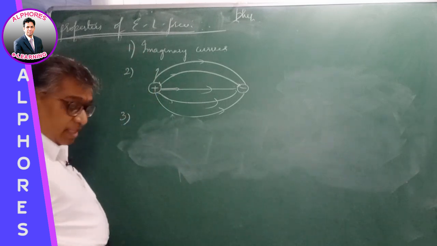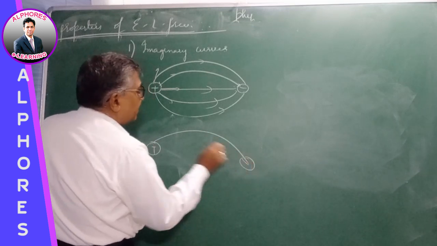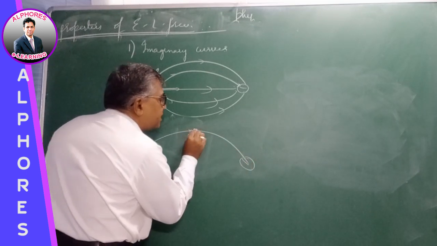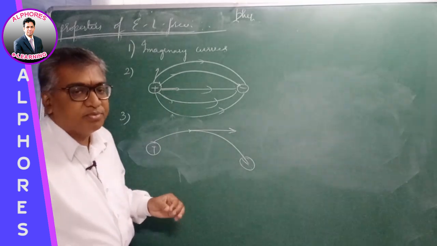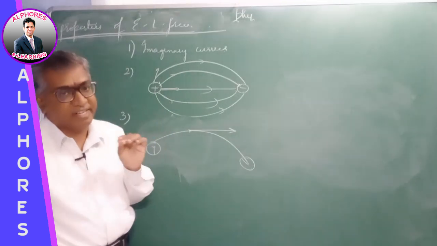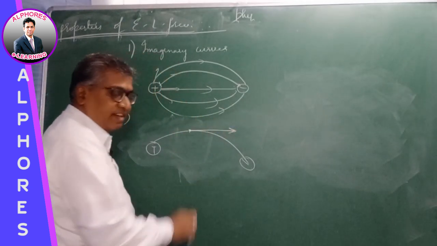Next, the most important thing is, when I consider a charge, at any point the tangent drawn to the line of force always gives the direction of the electric field. The tangent at that point gives the direction of the electric field like this.